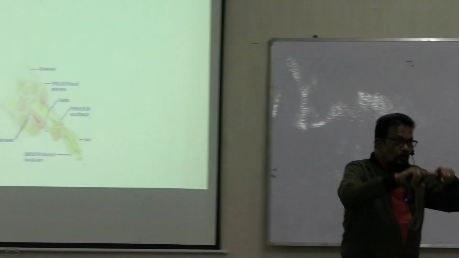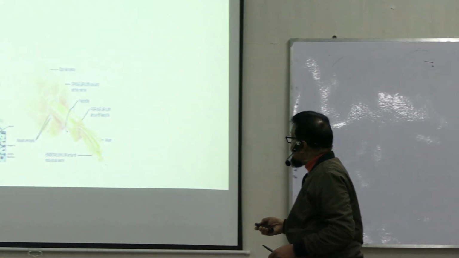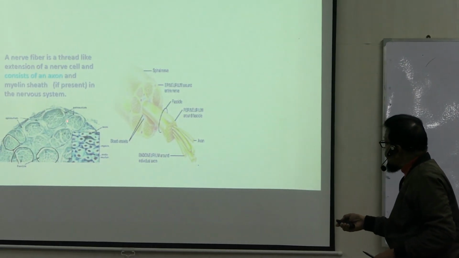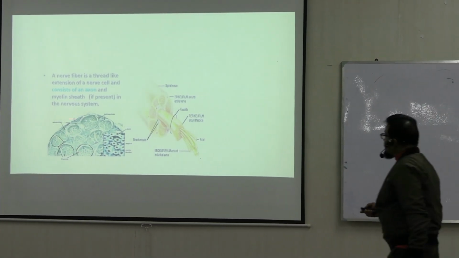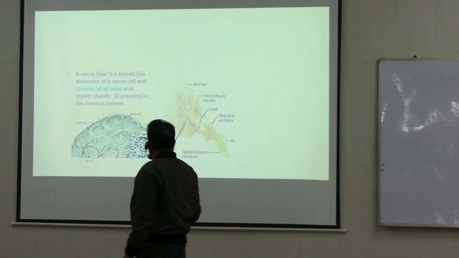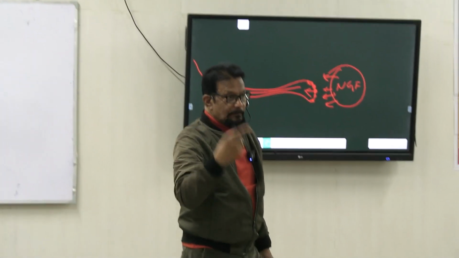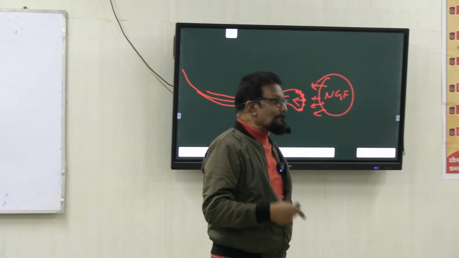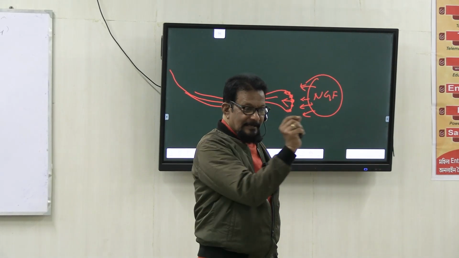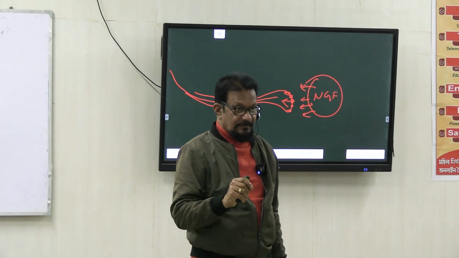Now all these fascicles are covered by another membranous structure, the epineurium, the outermost covering. Questions may be asked as MCQs: epineurium, endoneurium, perineurium, where one answer will be correct. So you have to know the difference between these.